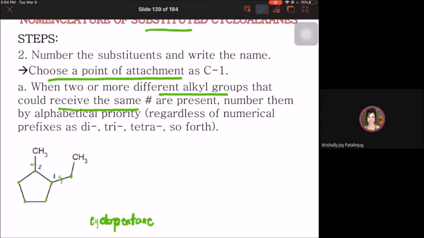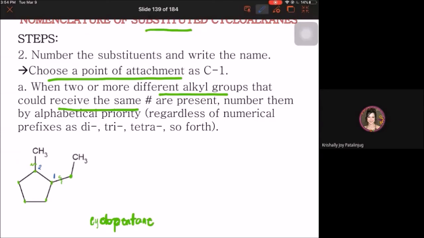What I mean is, different alkyl groups are attached, but when you choose a point of attachment, it is possible that they could receive the same number, the same assignment, the same location. Now, if that is the case, alphabetical order is the priority. Okay?